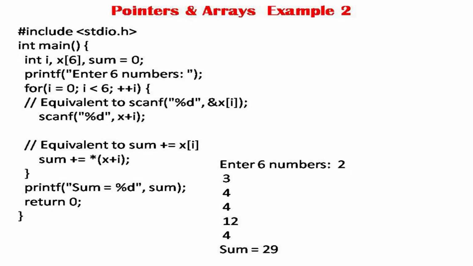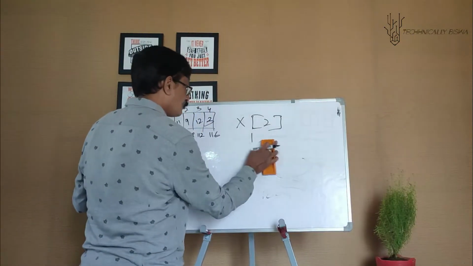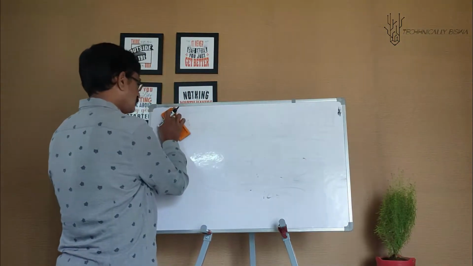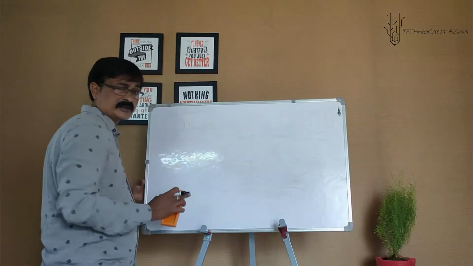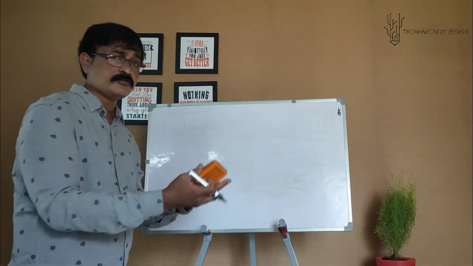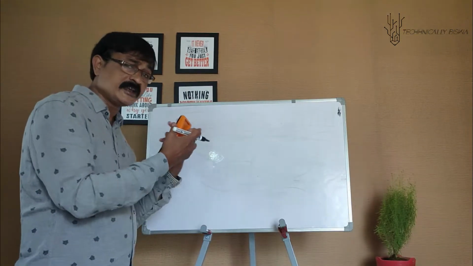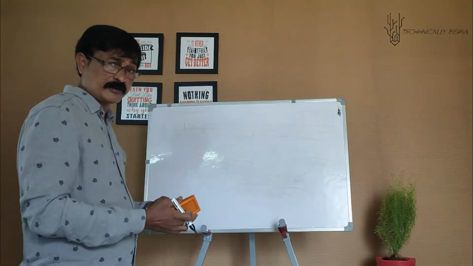Now let's do the same thing with the help of a pointer. We are saying the array name is a constant pointer, so what is the limitation? Basically, you cannot increment or decrement the pointer. That's the problem.